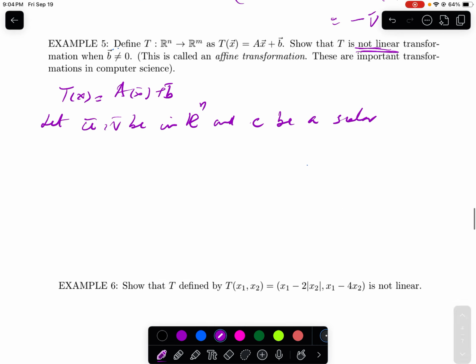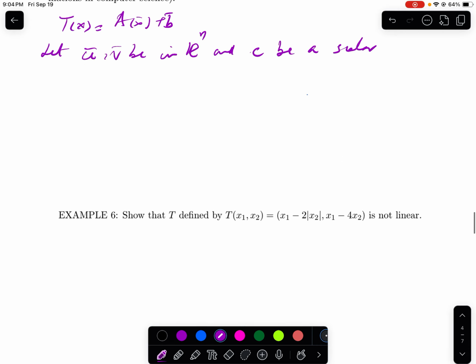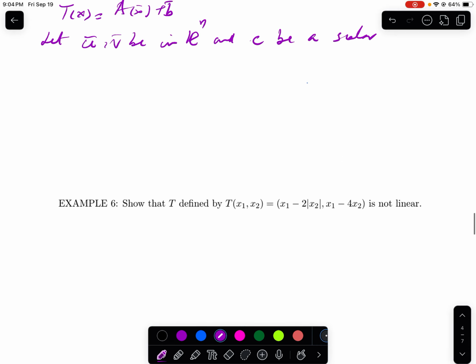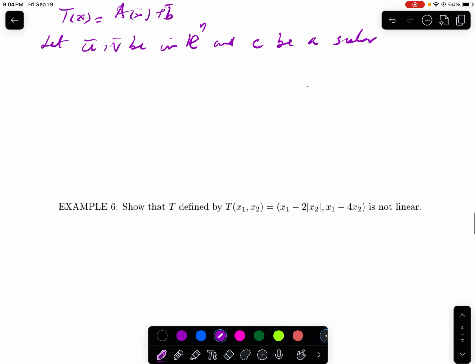Well, c will be used in the second condition. So the first condition is we want to see what is T of u plus v. According to the definition of the transformation, T of u plus v will be equal to A times (u plus v) plus b.